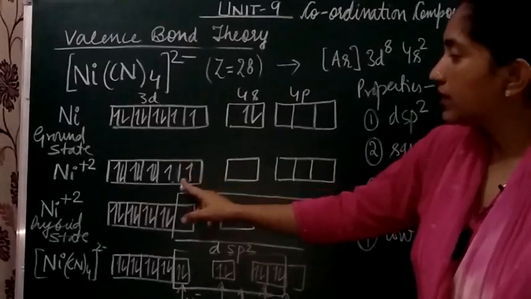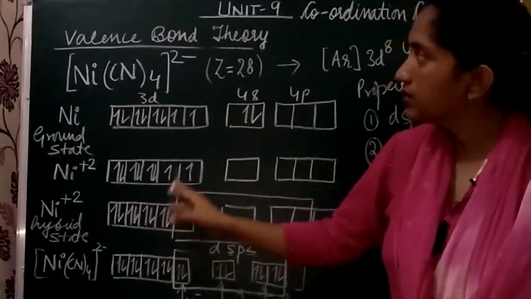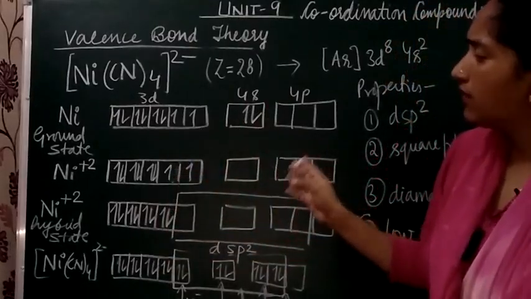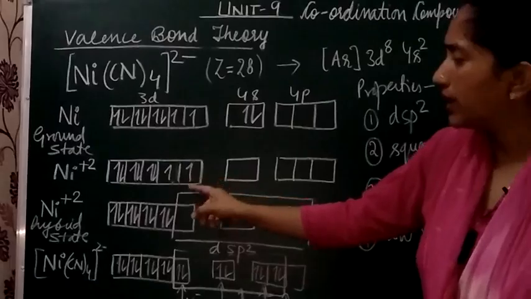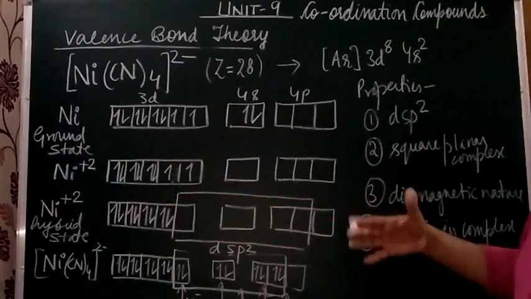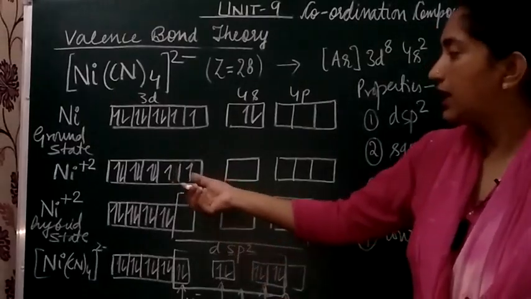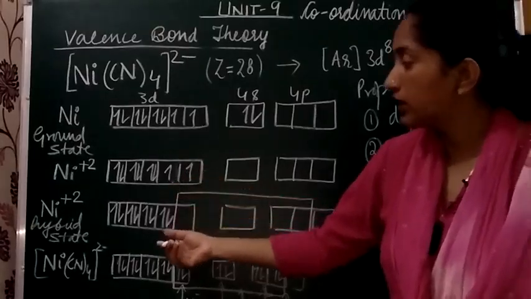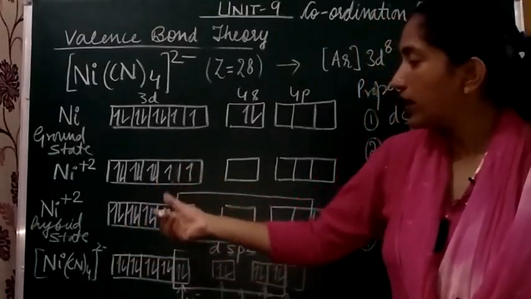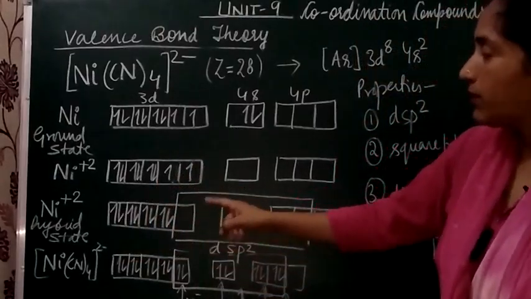So the pairing of the electrons will have to be done, right? This is VBT only, which doesn't give a proper explanation of why the pairing is going on here, right? So just say that it is based on the experimental data. Since we are not getting any unpaired electrons, it is only possible when all the electrons are paired up, and that's why pairing has been done, right? So this point you have to keep in mind.